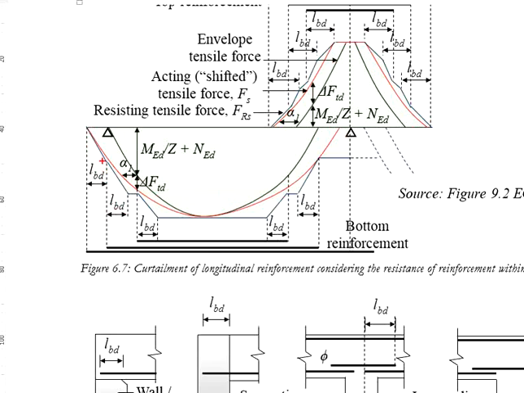Now, if the gradient here is lower than this one, which gives you the development of the resistance something like this, then you might need to offset a bit in terms of the anchorage length so that it provides sufficient resistance, not less than what is required.